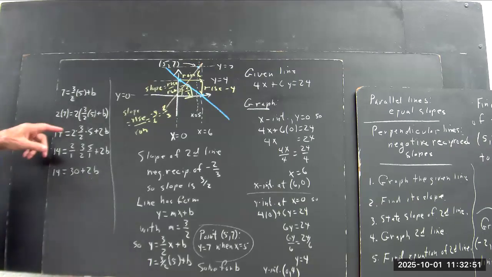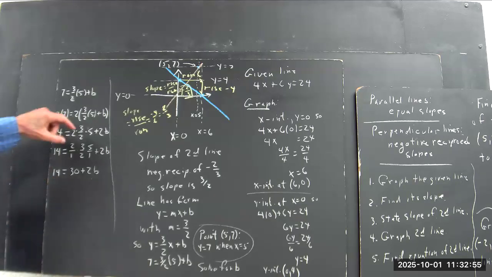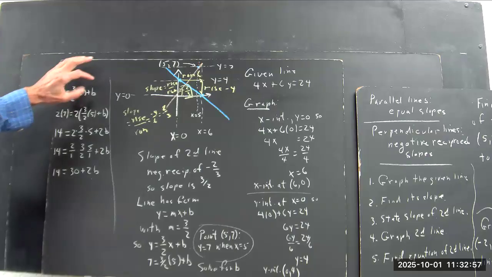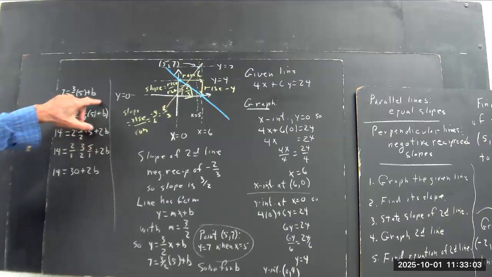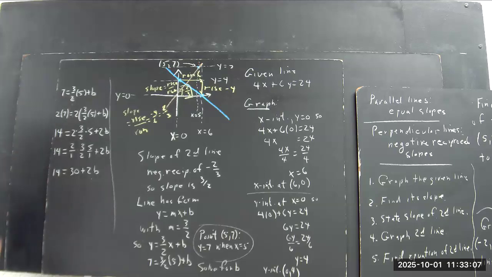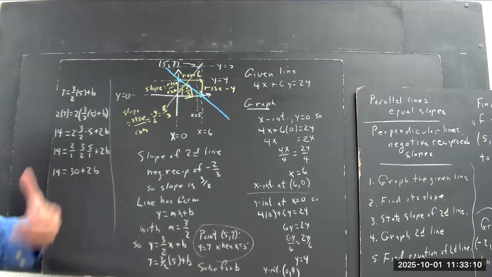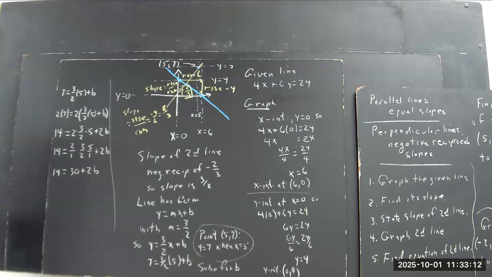Now, this is really a very simple step, but you've got to do it carefully because people will often multiply this by 2 and forget to multiply the b by 2. So you really want to write 2 and then put the whole right-hand side in parentheses. It's not such a problem on the left-hand side because you just got 2 times 7, which is easy to multiply. Then you multiply this out.